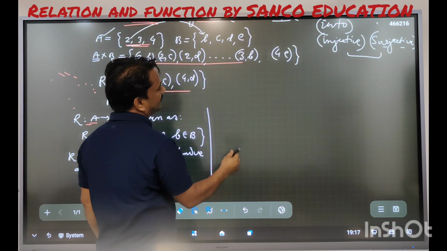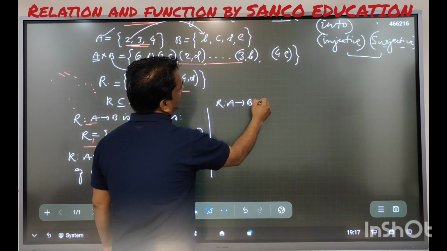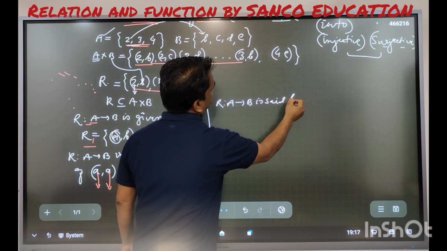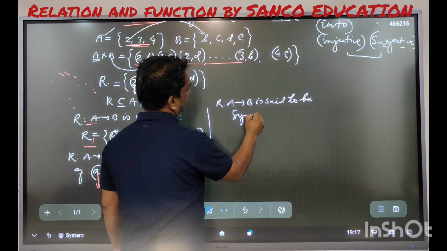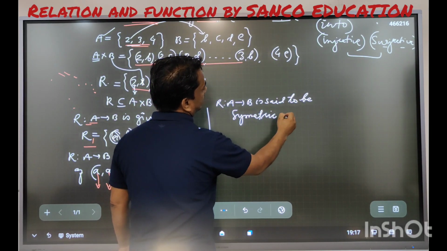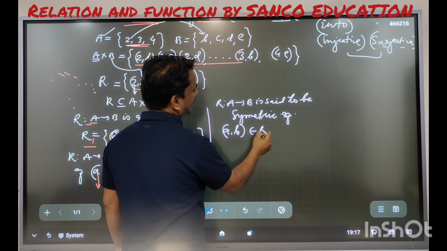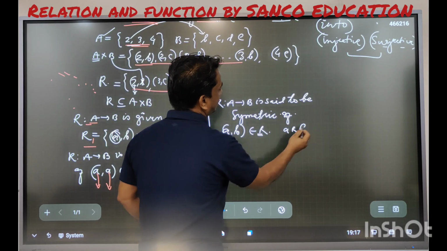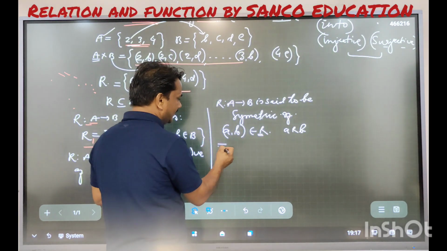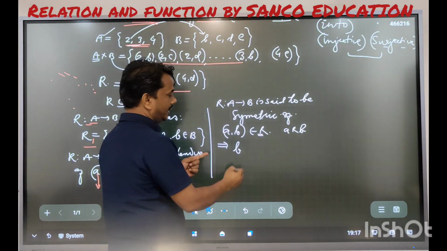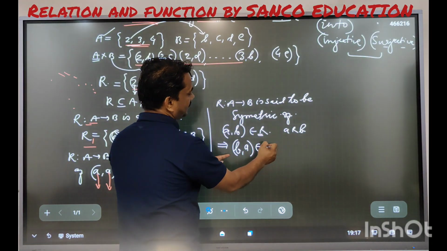What is the symmetric relation? A relation from A to B is said to be symmetric if (a, b) belongs to R, meaning under that relation A is giving B as image, then under the same relation, for domain B, A will be the image.